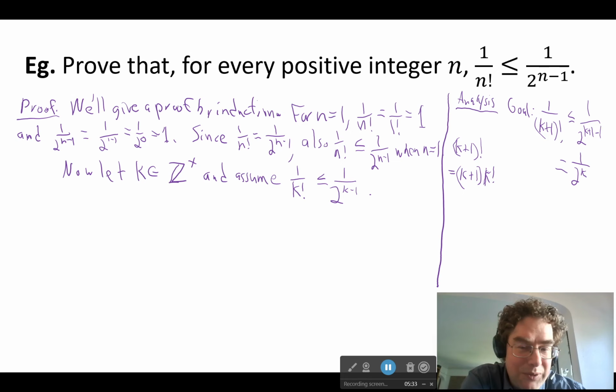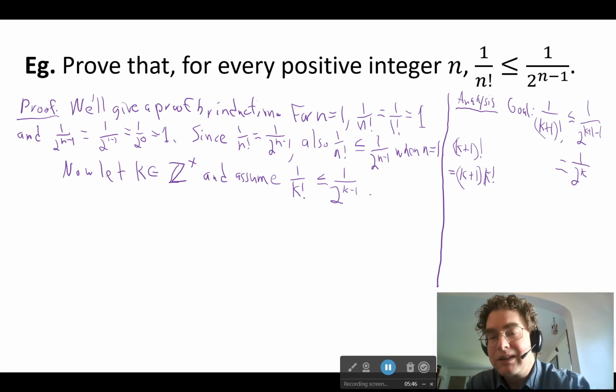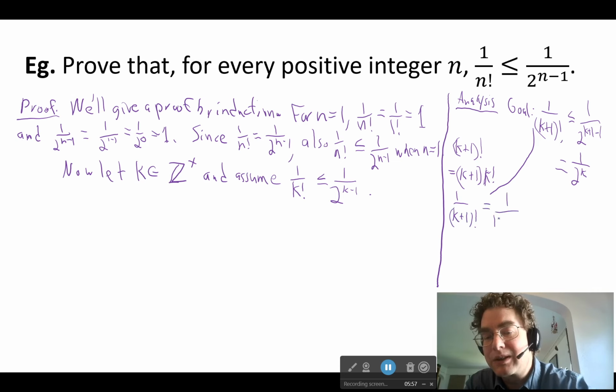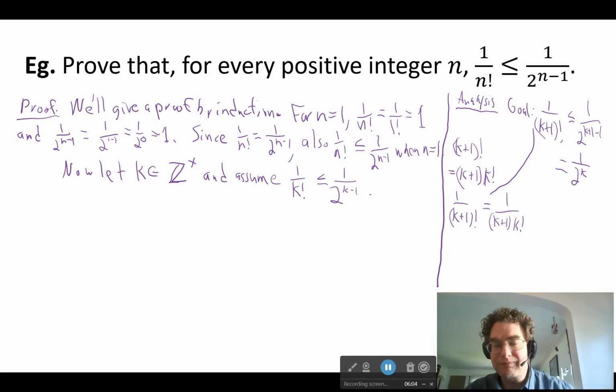And if we multiply by k plus 1, now we've got the product of all positive integers less than or equal to k plus 1 again, which is what k plus 1 factorial is. So we could leverage this now and say, if I look at my left-hand side, 1 over k plus 1 factorial, that is equal to 1 over k plus 1 times k factorial.